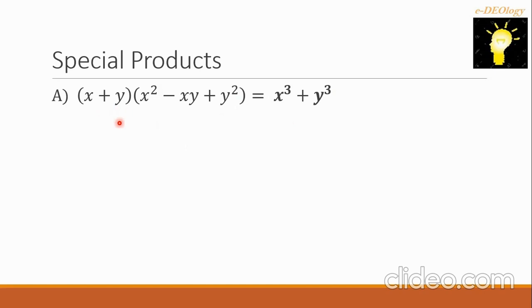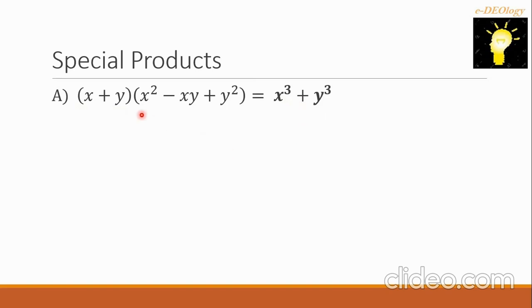Look at the binomial x plus y. If we look at our product, it is x cubed plus y cubed. It seems like we are simply putting the cube on each term of the binomial, and we put it in the final answer. And the same sign of positive is written in between them.